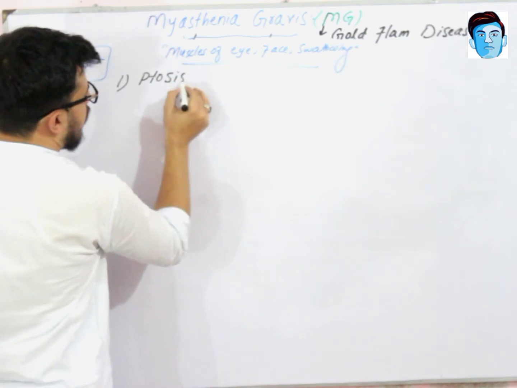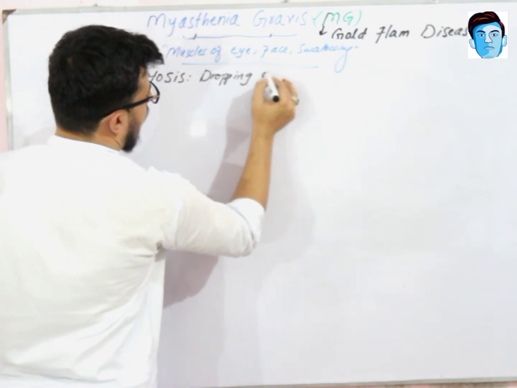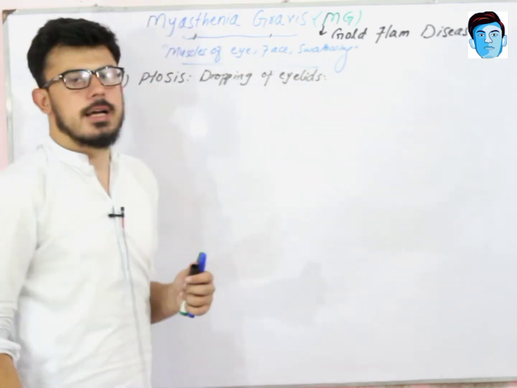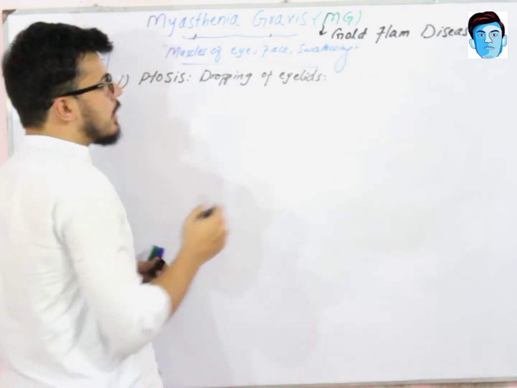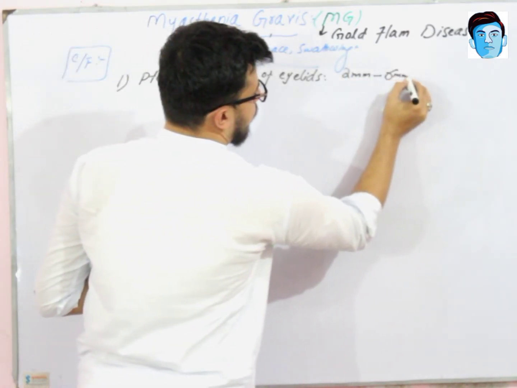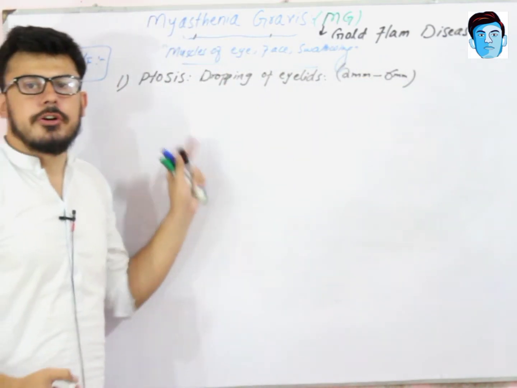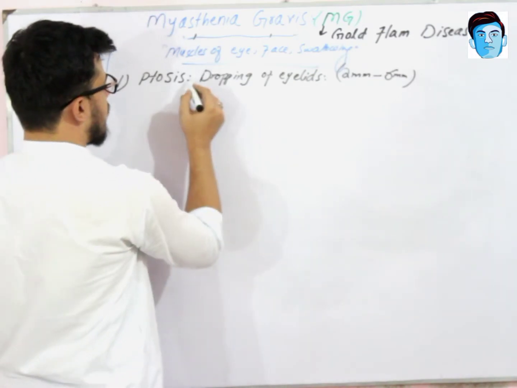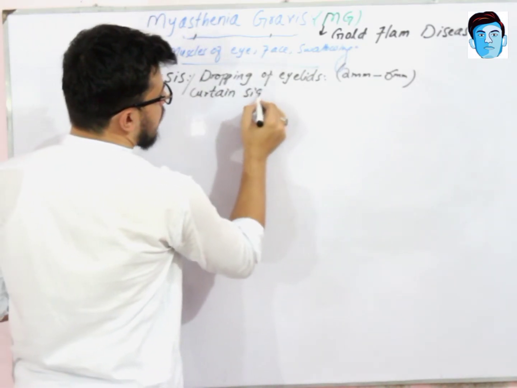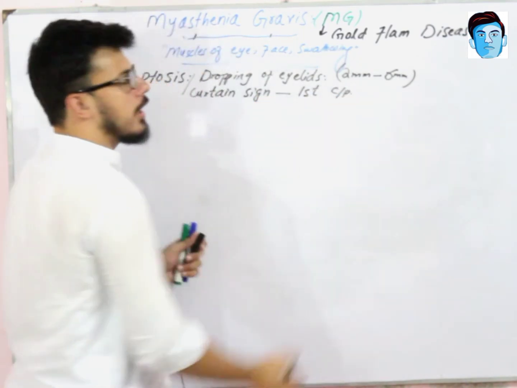Ptosis means drooping of the eyelids, and the drooping is from 2 millimeters to 6 millimeters. Ptosis is also termed the curtain sign, and it is the first clinical presentation of a patient suffering from myasthenia gravis.